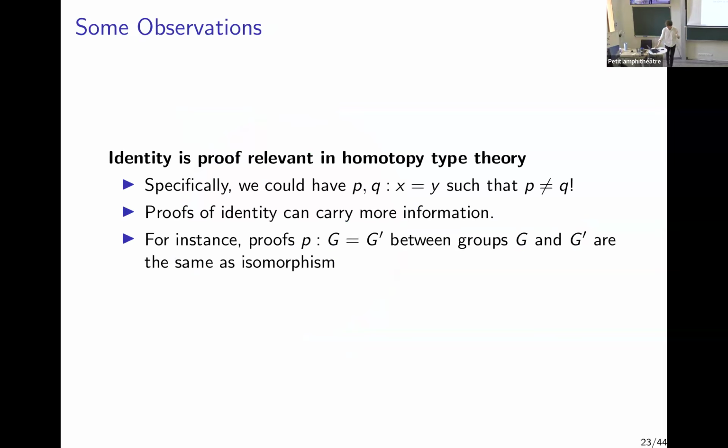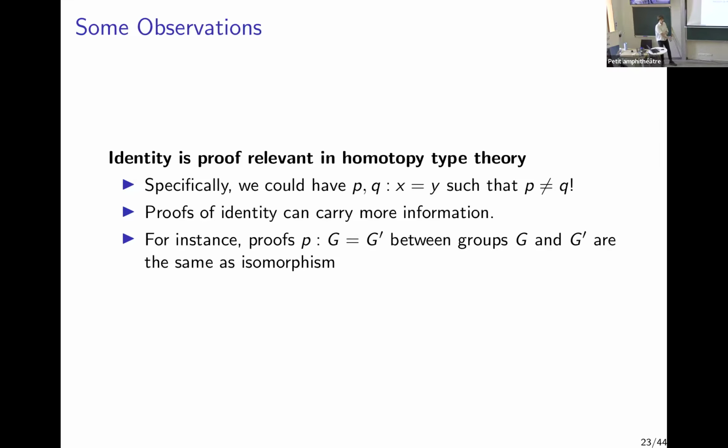And that is an important observation within this field of homotopy type theory, that identity is proof relevant. We could have proofs that an x and a y are equal, or we could have two different proofs that some x and y are equal. And at first this seems weird, because normally in mathematics, you think of equality as something you can prove, and done with it.